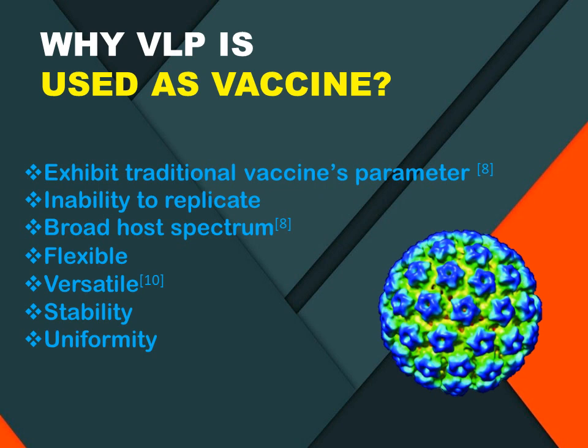Broad host spectrum means that VLP are able to be constructed via recombinant technology using different hosts, whichever is suitable. Flexibility means that they are rapidly and efficiently produced. Hence, rapid immunization is able to take place, especially during the emergence of novel epidemic or pandemic flu strains.